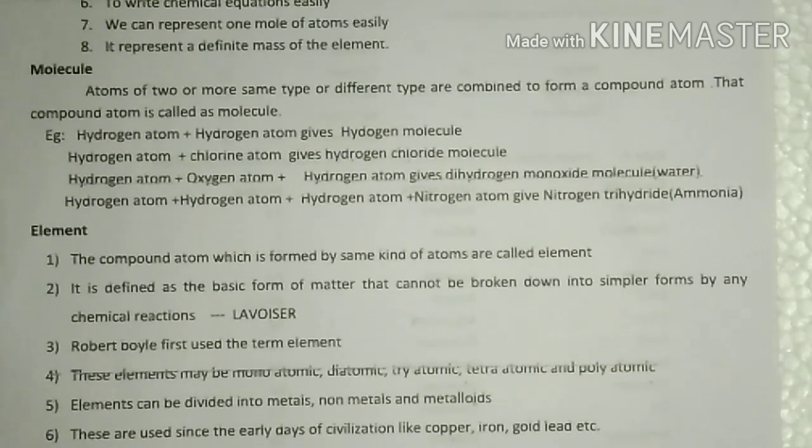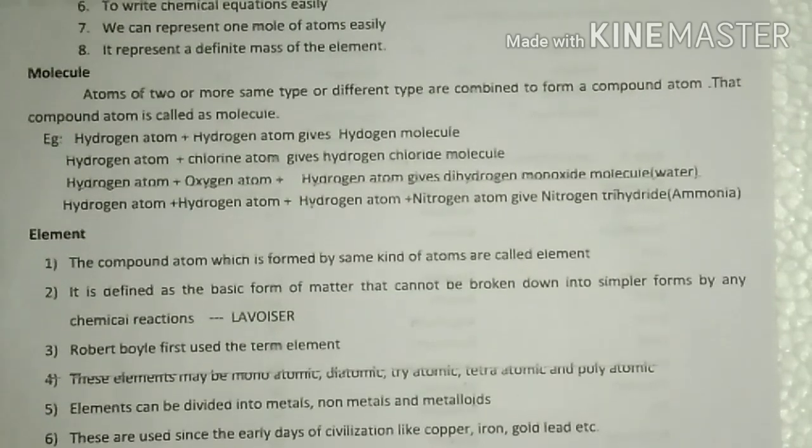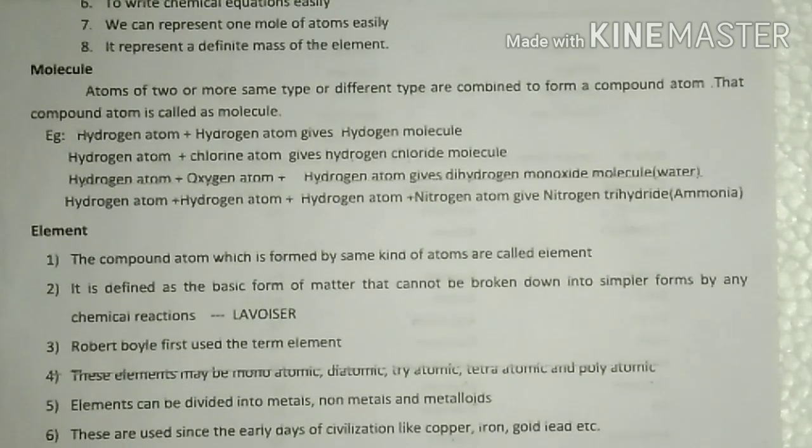In this video, I am going to give information on what a molecule is, what an element is, what a compound is, and what the differences are between molecules and compounds.